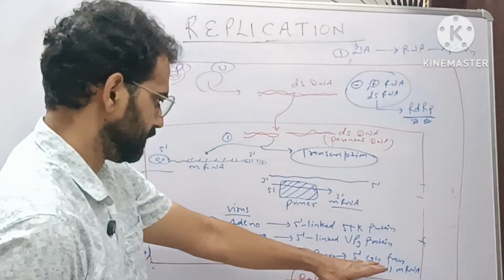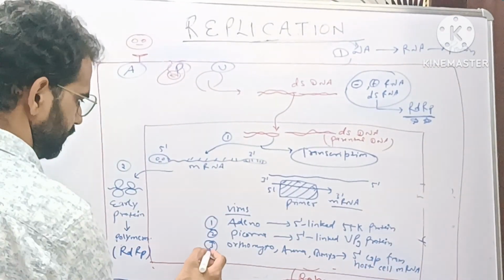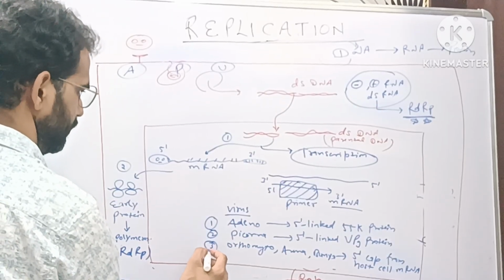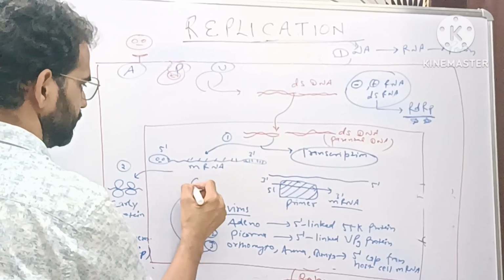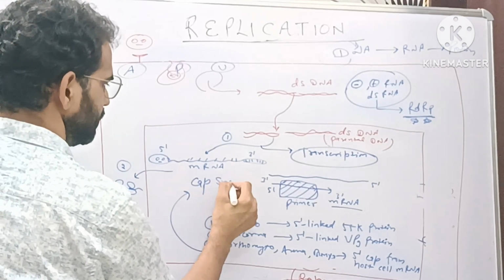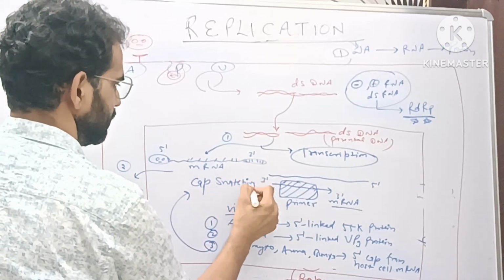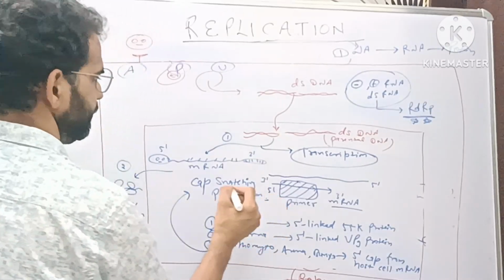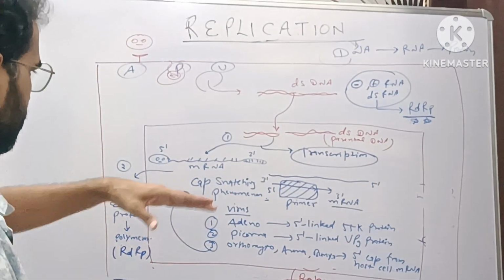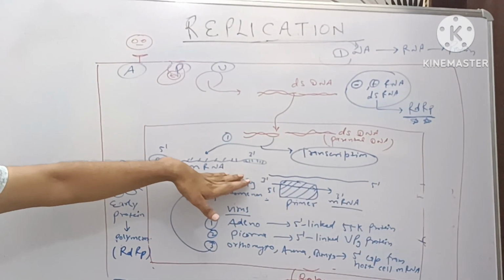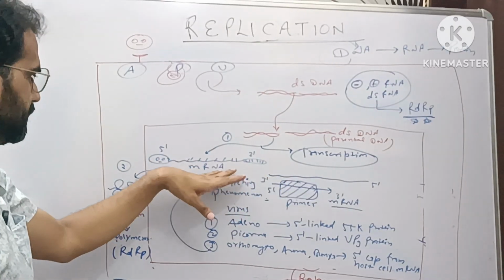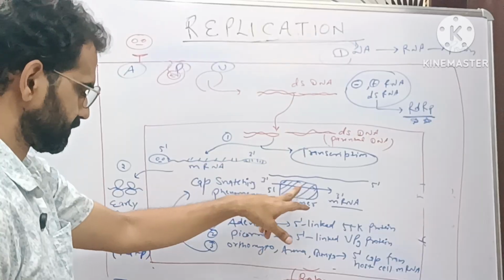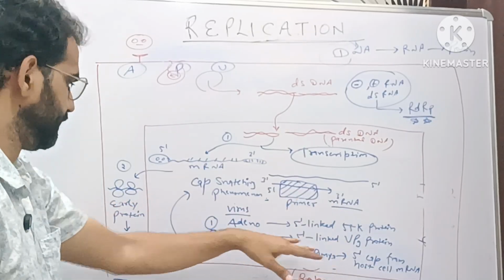The process these 3 viruses use with this cap is known as the cap snatching phenomenon. So synthesis of mRNA requires a primer, and primers are of different types.